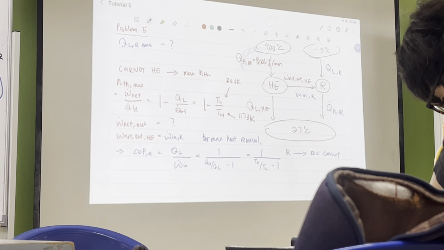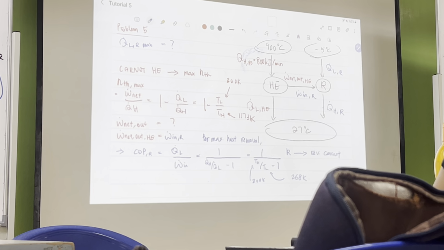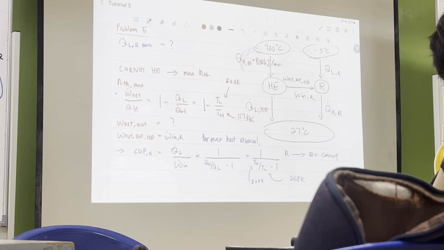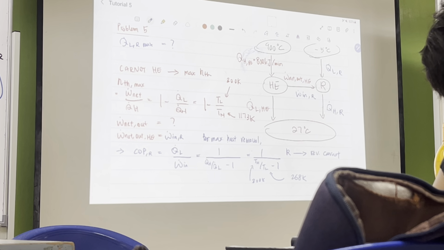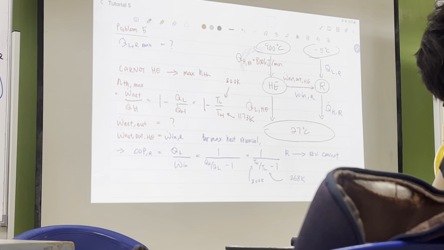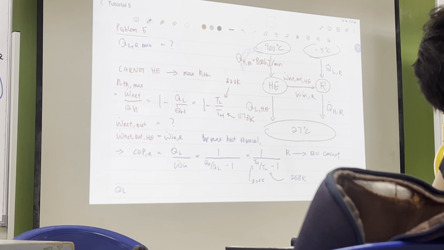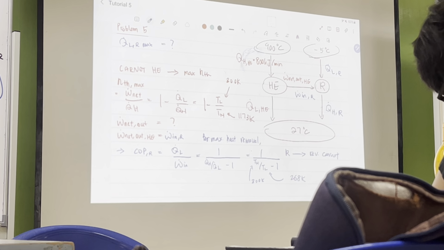TH in this case will be 300 Kelvin, while your TL will be 268. So then you can get the QL value.